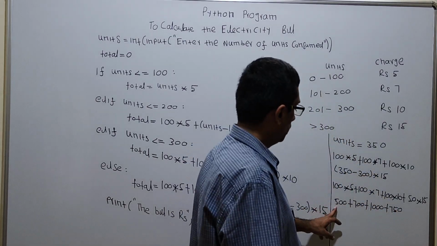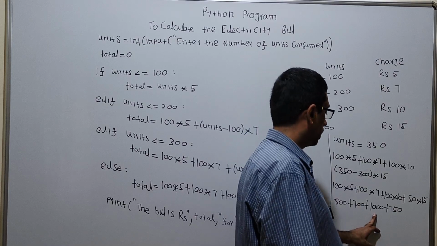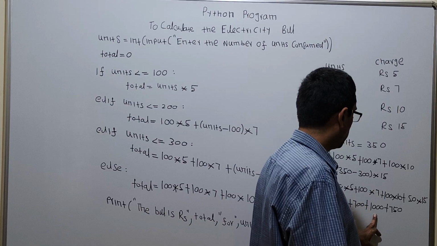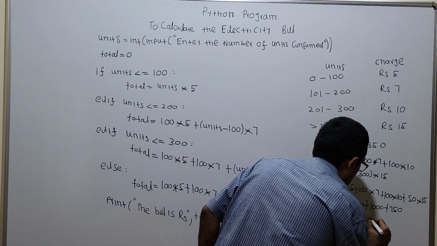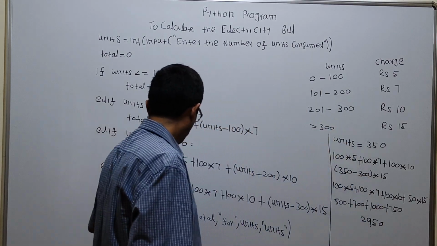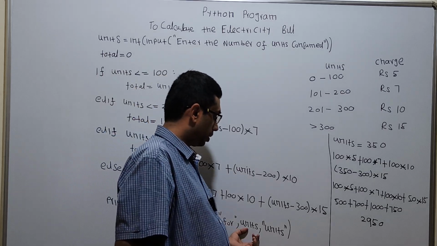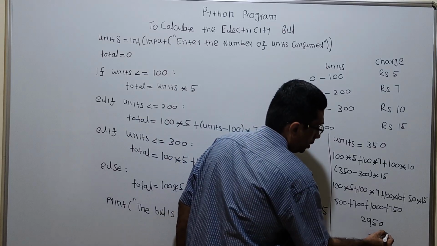So this is 500 plus 700, 1200, 1200 plus 1000, 2200, 2200 plus 750, 2950. 2950 is my charge. I will get an output. The bill is 2950 for 350 units is my output. This is my output. That's it.